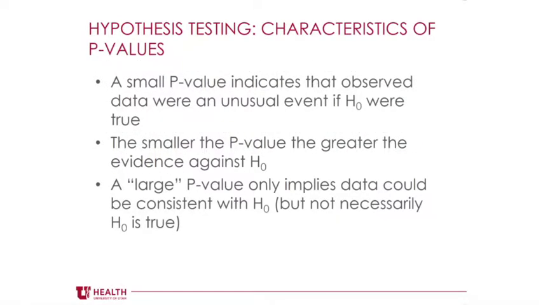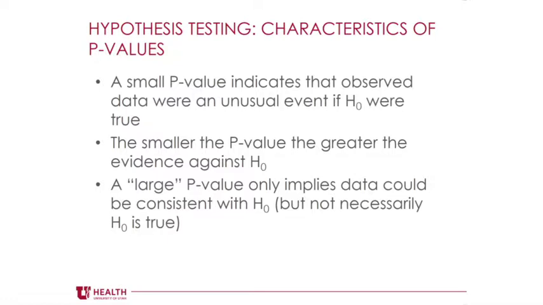The characteristics of p-values. First of all, a small p-value indicates that the observed data were an unusual event if H0 were true. That is to say, if you have a small p-value, you have enough reason, at least statistical reason, to reject the null hypothesis H0. The second characteristic is that the smaller the p-value, the greater the evidence against H0.